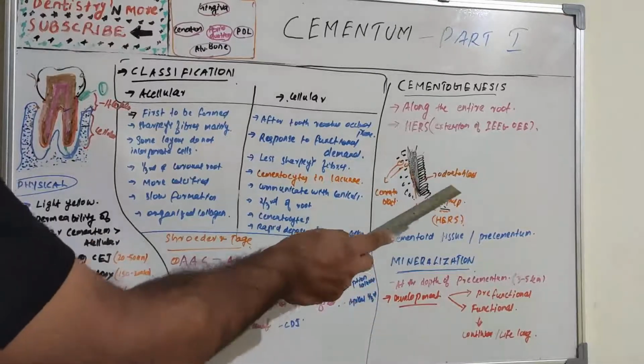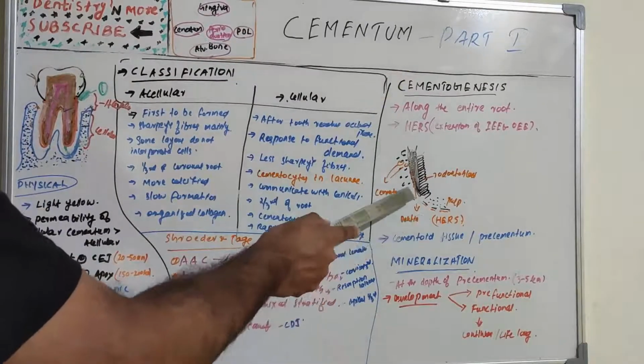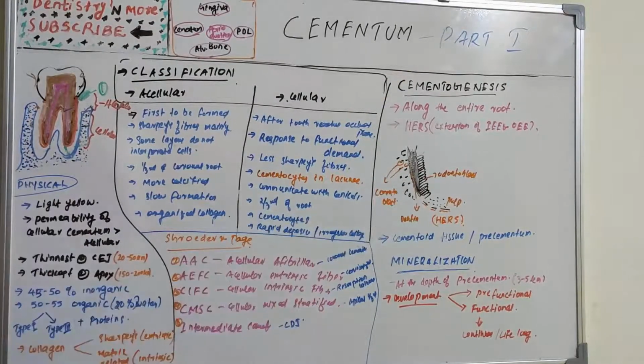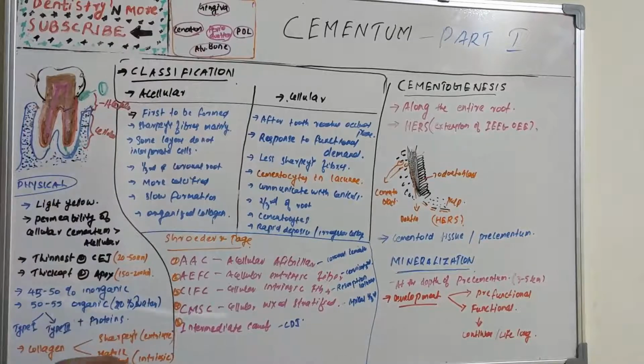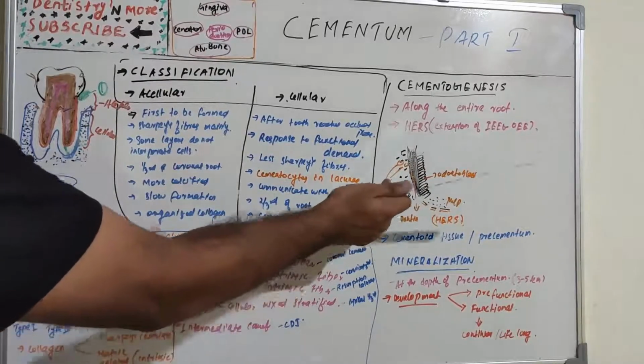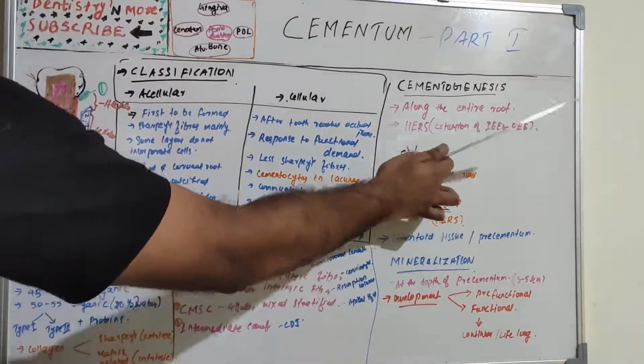So we have seen the same scenario in periodontal ligament. After the dental sac, it gives rise to more collagen fibers and forms the periodontal ligament. So what happens here is the inner layer of dental follicle comes in contact with the predentine. So dental follicle is here, dental papilla is here.